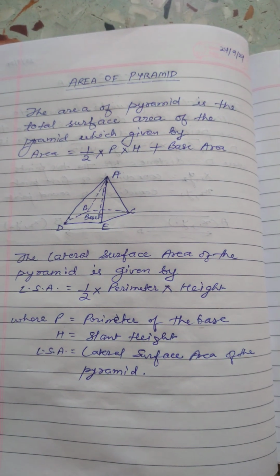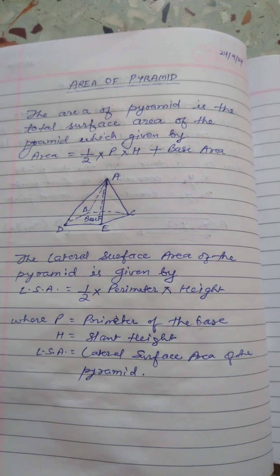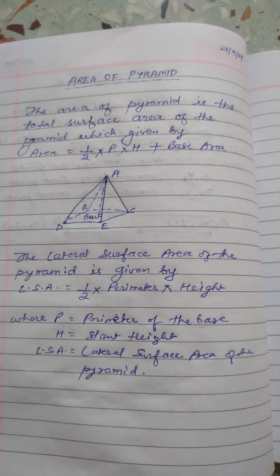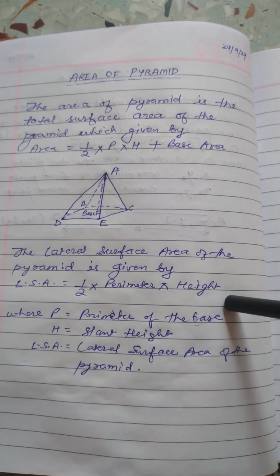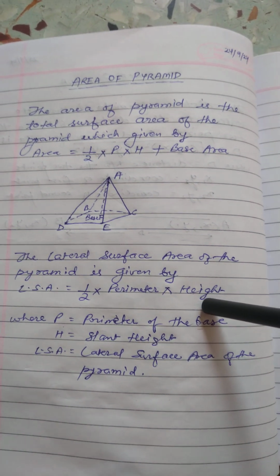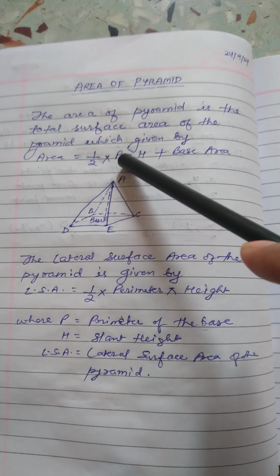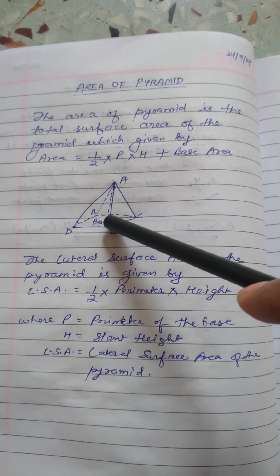Here AF is the height. So if you find the lateral surface area, this gives half into perimeter of the base into height, and the total surface area is half into perimeter of the base into height plus the area of the base.